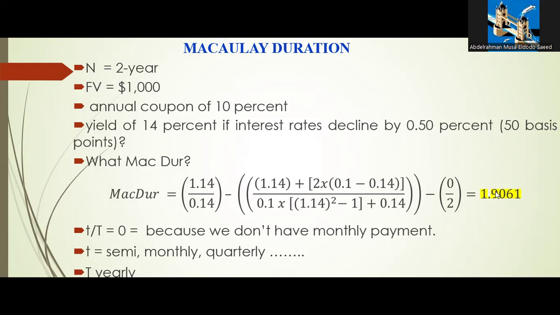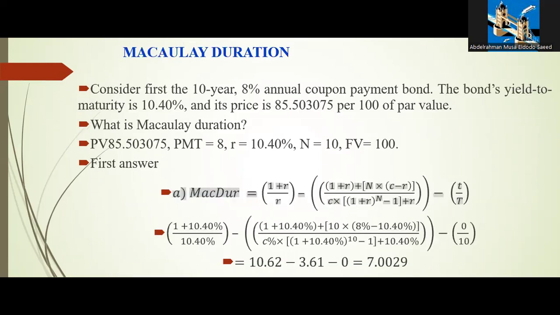So please notice that this number is always less than the actual years. This number of years is less than the actual years, because here it is an average, not exactly the years that are given by the company.